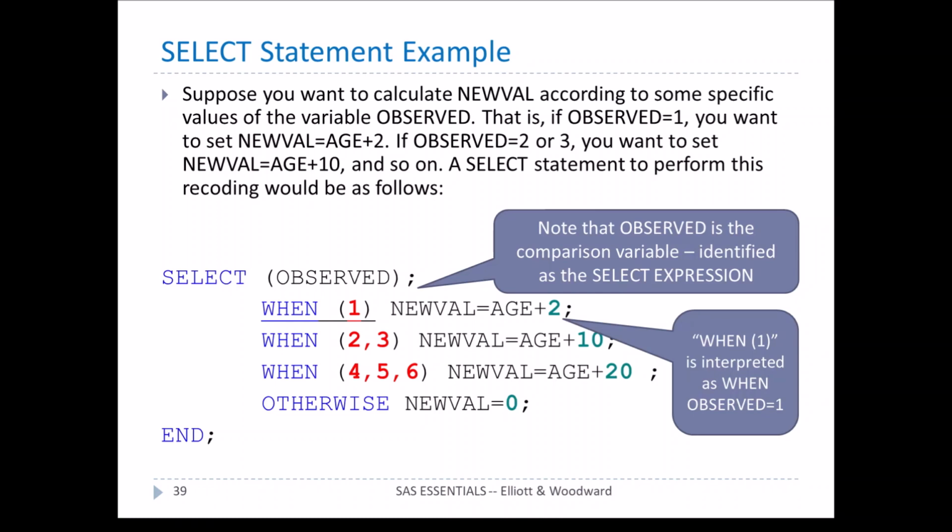When observed is 2 or 3, new value is age plus 10. Or when observed is 4, 5, or 6, then new value is age plus 20. Otherwise, if the value observed is neither 1, 2, 3, 4, 5, or 6, then new value becomes 0. So you can see how we can use this to quickly recode a variable into some new variable.